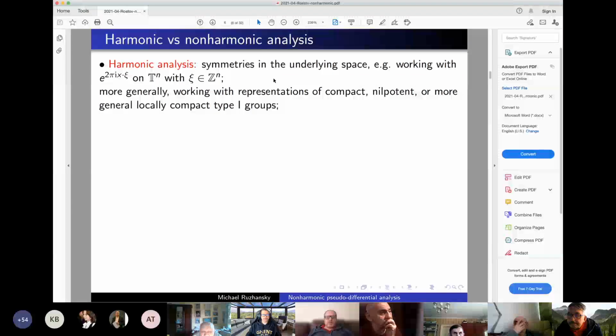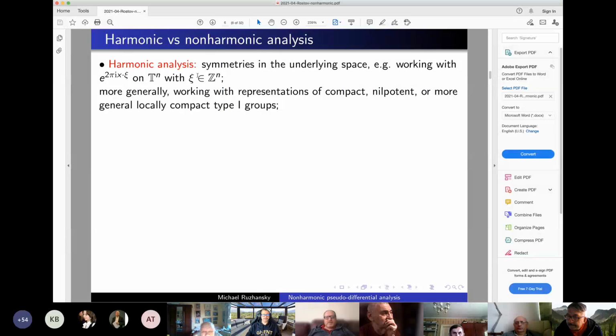In the case of a torus, classical Fourier analysis is when we consider exponential functions like this on the torus, and Xi is in the integer lattice. So we decompose everything with respect to functions like this. When Xi is in the lattice, then we talk about harmonic analysis and classical Fourier analysis.